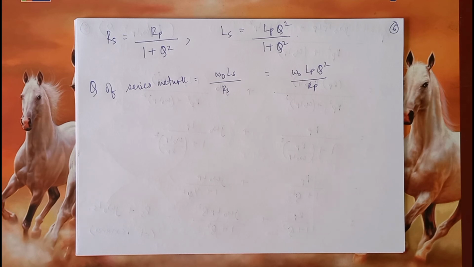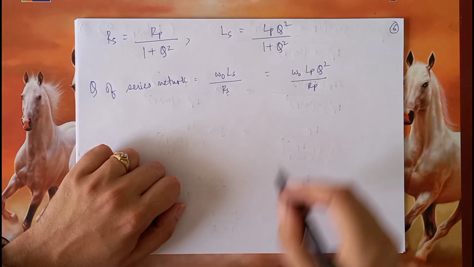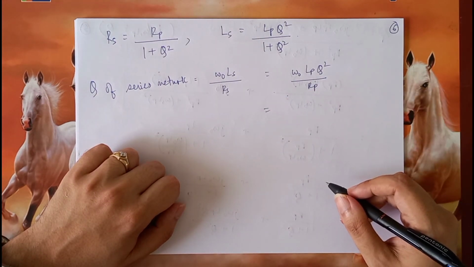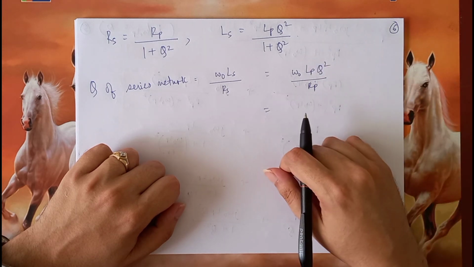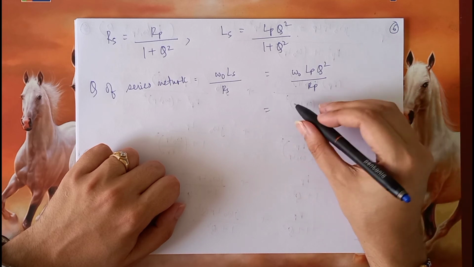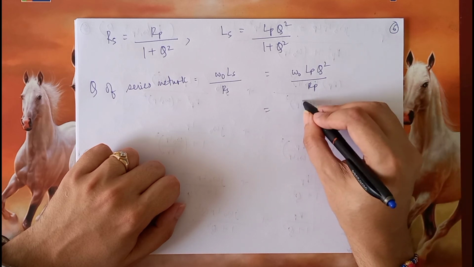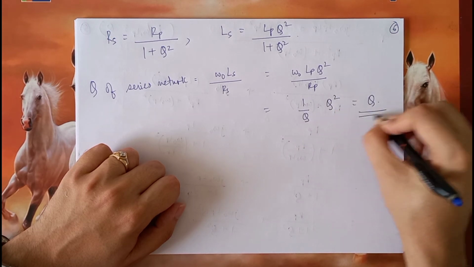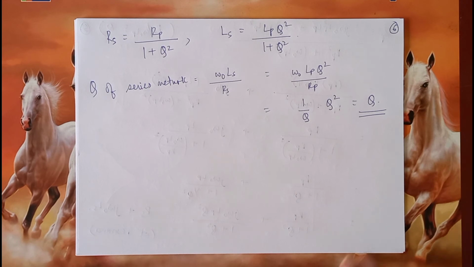Yes, I think that is the correct one. And what is this quantity? Omega 0 Lp divided by Rp. This is nothing but 1 by Q of the parallel network. So what this means is the Q of the series network and the parallel network are one and the same.